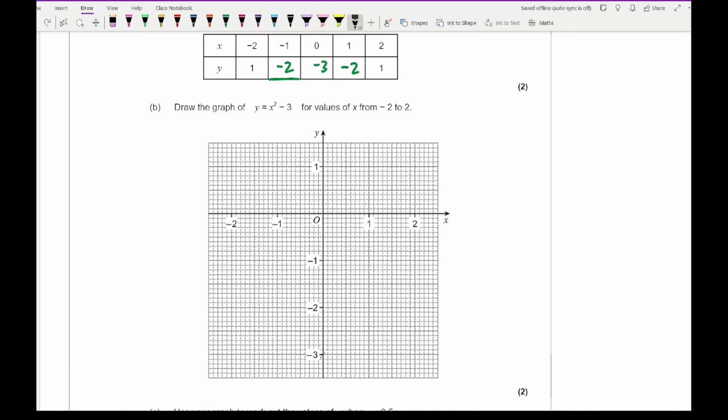And again, a little reminder, make sure that you do not use too blunt an instrument to plot your points and draw your line. Obviously, it can hinder the accuracy of your results. And then we've got minus 2 and 1.